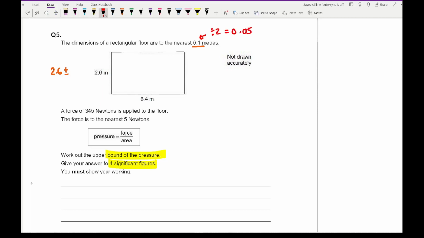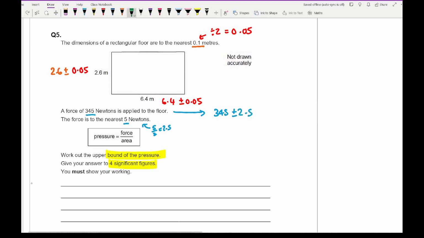So with 2.6 I'm going to plus or minus 0.05, and I'm also going to do the same with 6.4. Then with the newtons, that's been rounded to 5 newtons, so that divided by 2 gives me 2.5. So the bounds of the force are going to be 345 plus or minus 2.5.